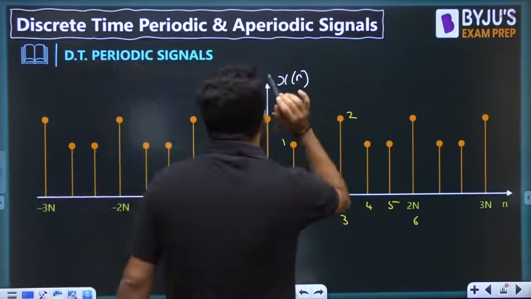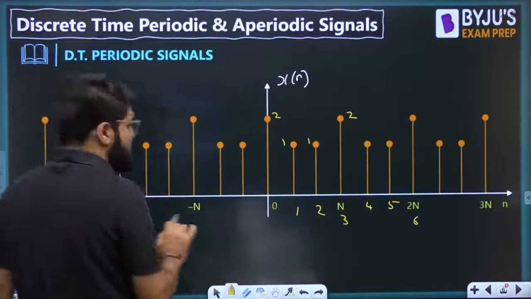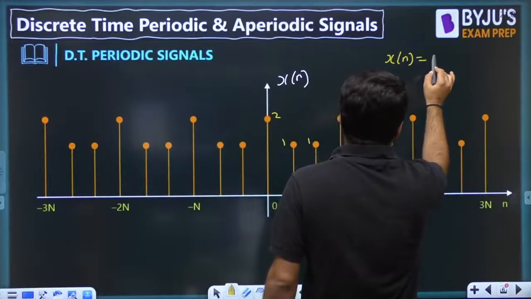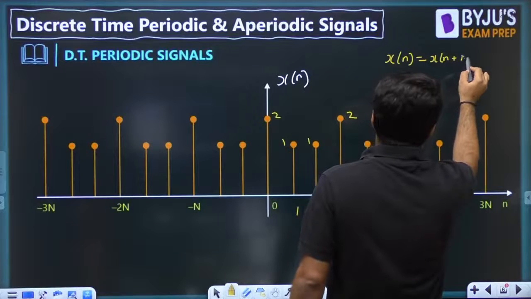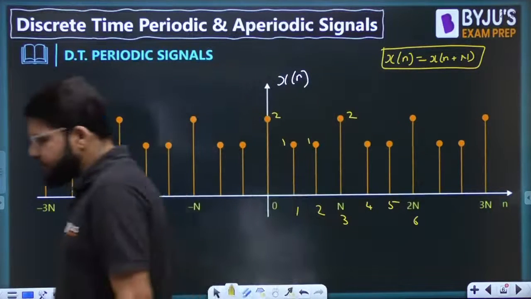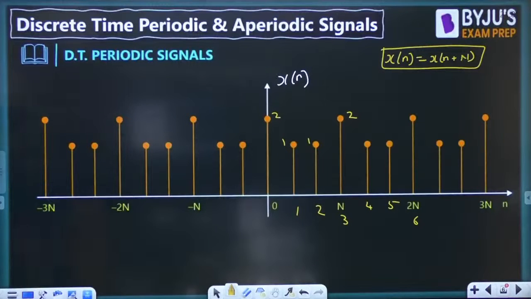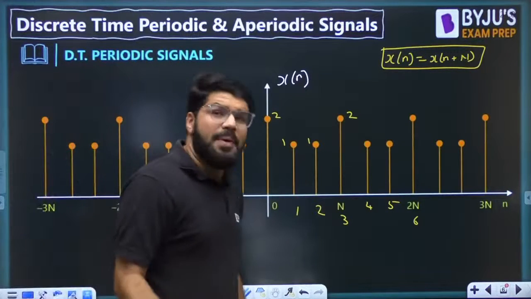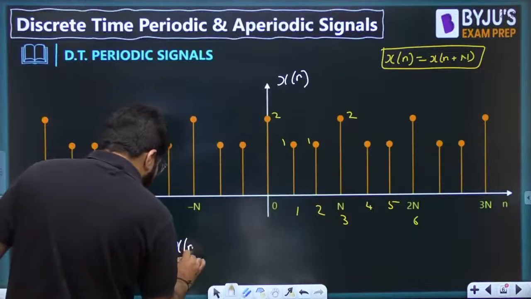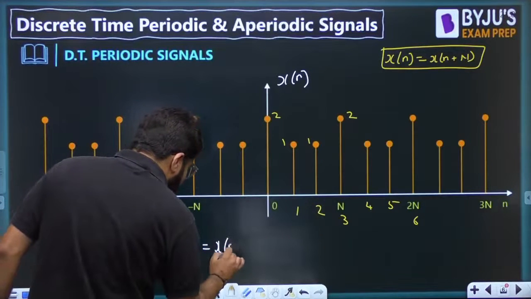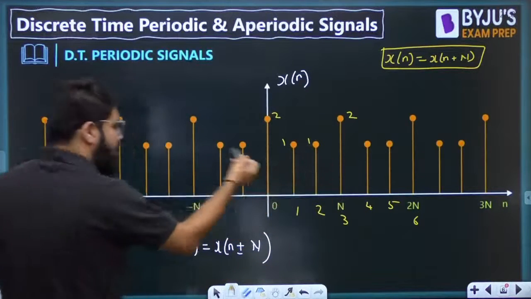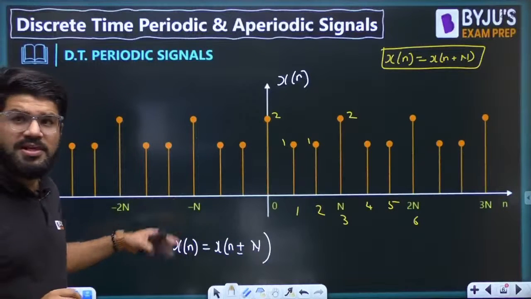If I want to describe DT periodic signals, I will simply write that a discrete time signal is periodic if it satisfies x of n is equal to x of n plus N. Not only plus N, minus also: it will repeat to the right, and it will repeat on the left also if you come N units back.